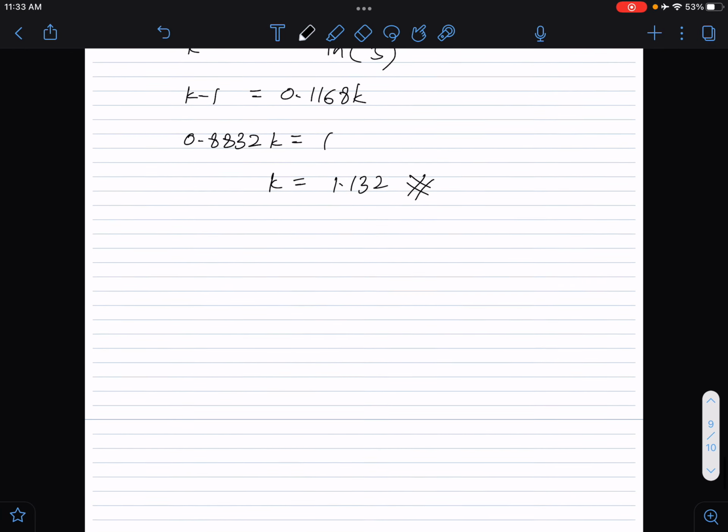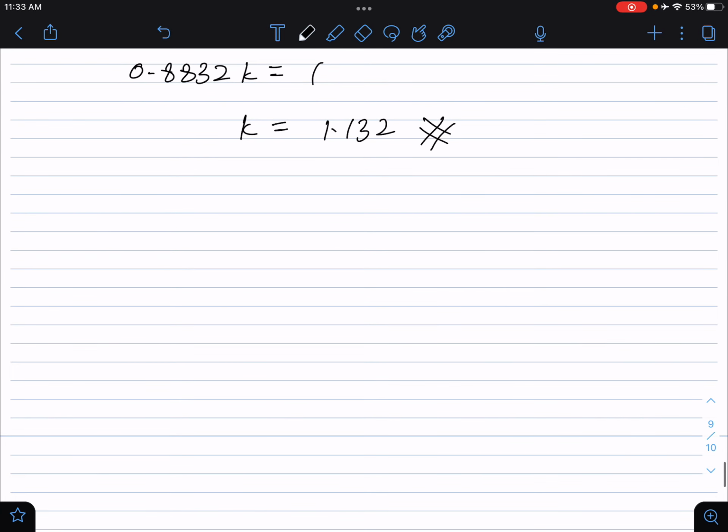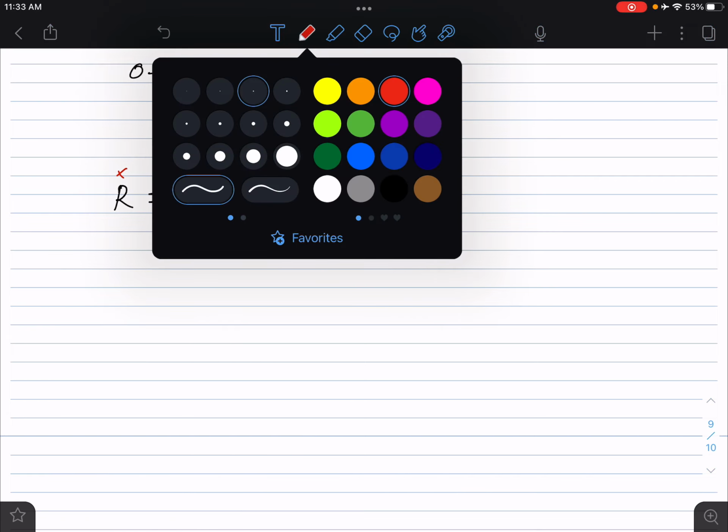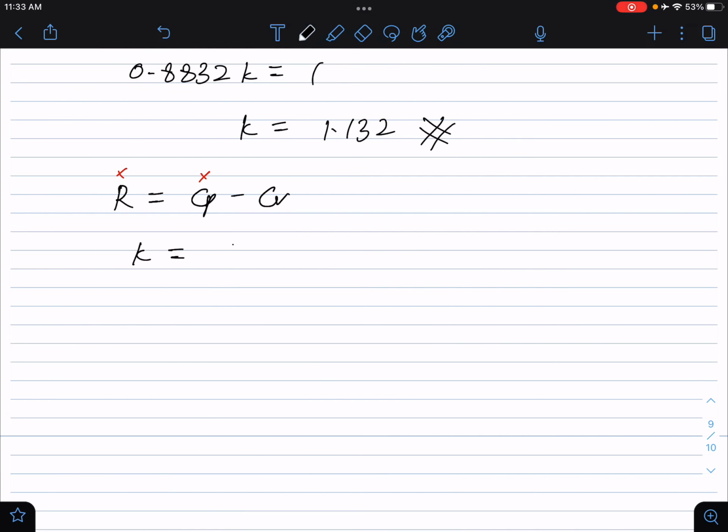The last one, we are left with the value of R. For R, you can use R equals Cp minus Cv. Since we do not know two unknowns here, Cp and R, you can get Cp first using another equation, k equal to Cp over Cv.